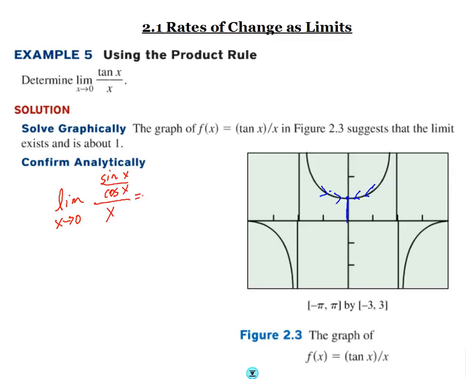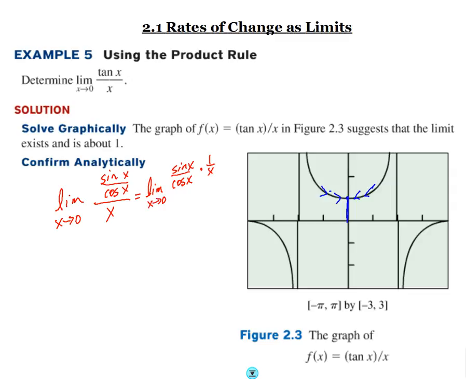Well, I can then break this apart because of what we know about our complex fractions and say this is equal to the limit of sine x over cosine x times 1 over x. Don't forget as x approaches 0.